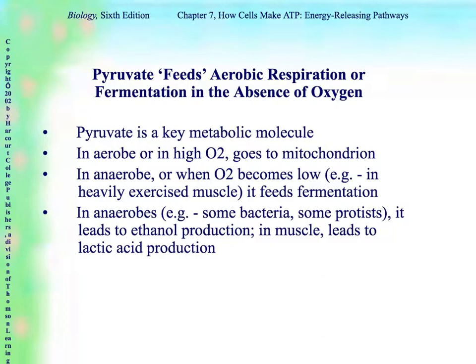In an aerobic organism, or if an organism is in high oxygen, that pyruvate will go to the mitochondria. If it's an anaerobic organism or the oxygen is low, it will go to fermentation. Fermentation is our example of anaerobic respiration. In anaerobic organisms, it will lead to the production of ethanol, or if it's in like a muscle cell, it will lead to lactic acid.